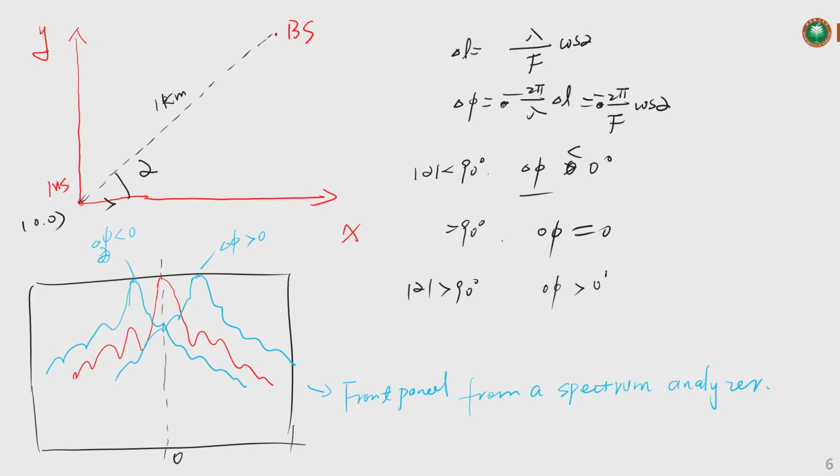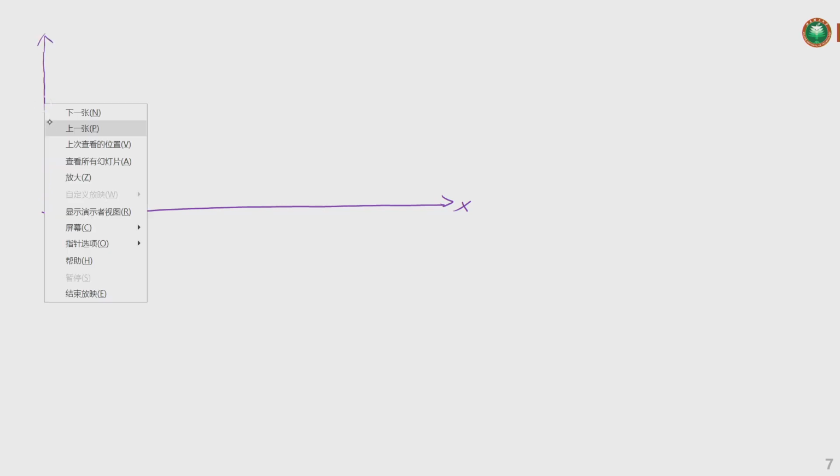For example, if our base station is at this side, this is the x-axis, this is the y-axis, and the base station is at this side, not here.